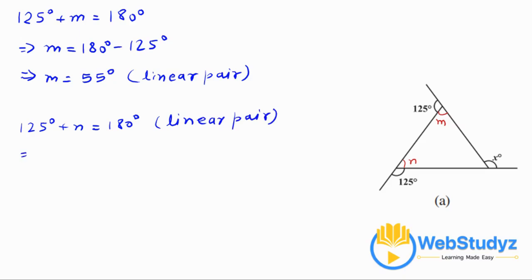So from here we get the value of N as 180 degree minus 125 degree, which gives us the value of N as again 55 degree.